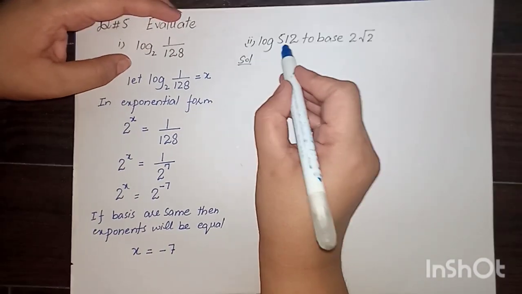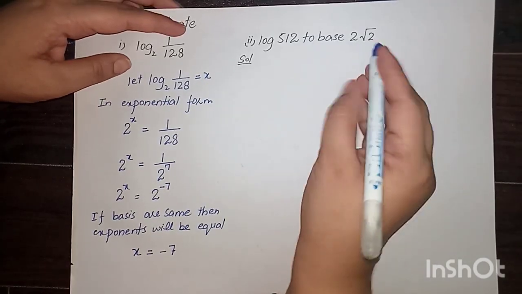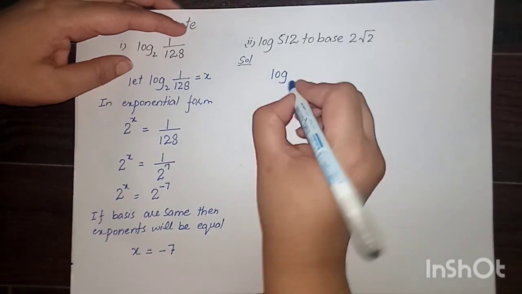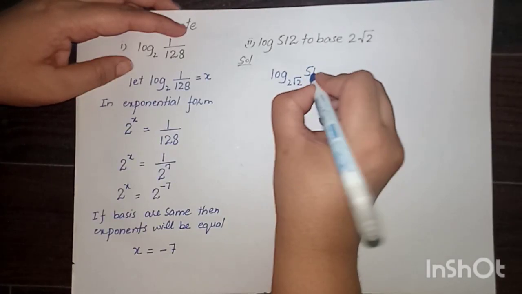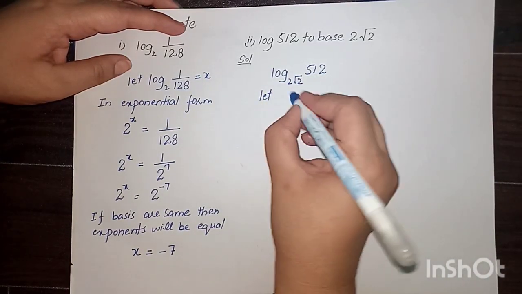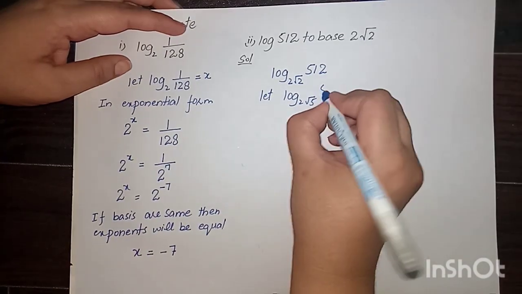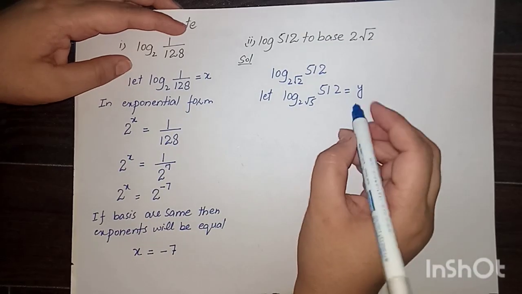My next question is log 512 to the base 2 square root of 2, like this. Log of 512 with base 2 square root of 2. So first of all let it equal to a variable. So I will write it is equal to y.